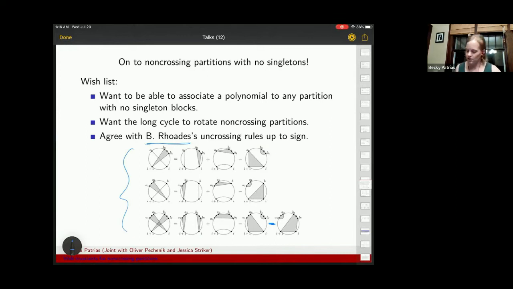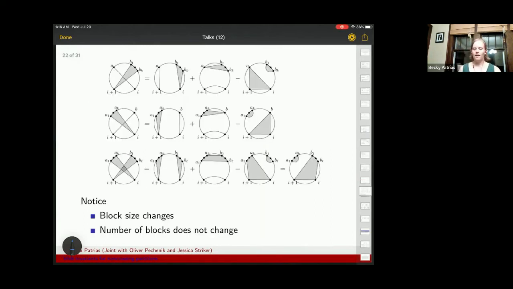Let's zoom in on these crossing rules just to notice a couple of things about them. I want us to notice that the block size changes. Not everything inside of one of our crossing rules has the same block sizes. So let's look at, again, this is a minus sign, not an equality, our third rule down here, and let's take each of our vertices literally. So this is A1, A2, A3, B1, B2, B3.